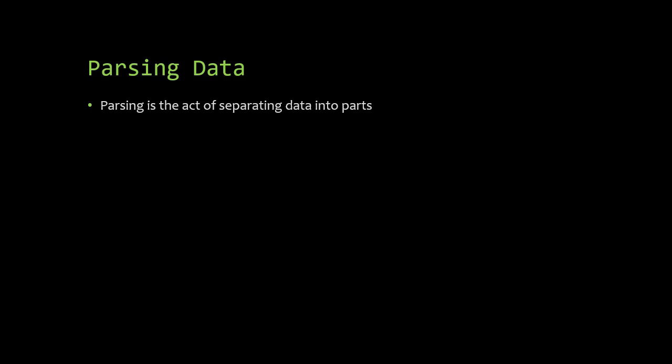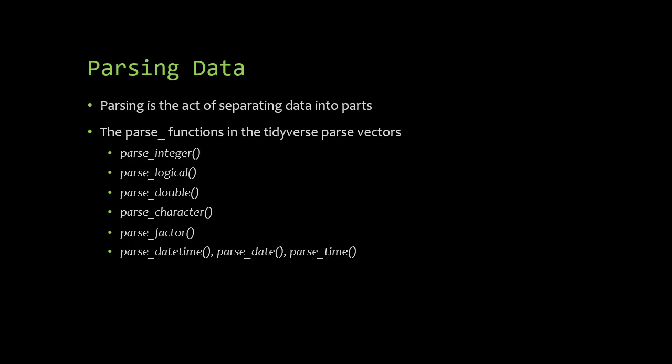So to review, parsing is the act of separating data into parts. And the parse functions in the tidyverse parse vectors. So for example, if we want to parse it as an integer, we use parse integer. If we want to parse it as a character, we use parse character, and so forth.